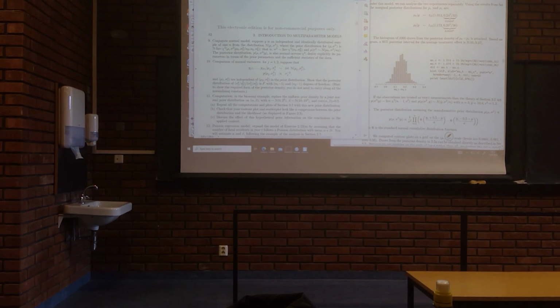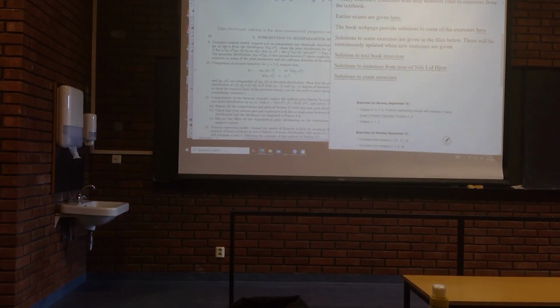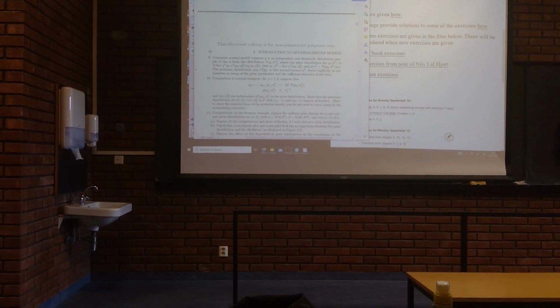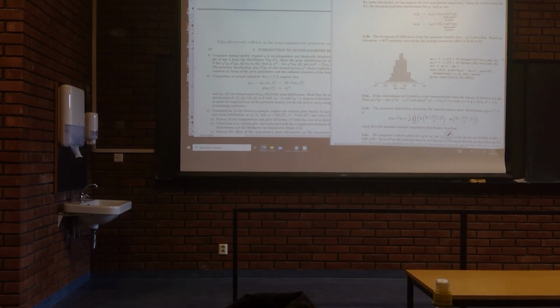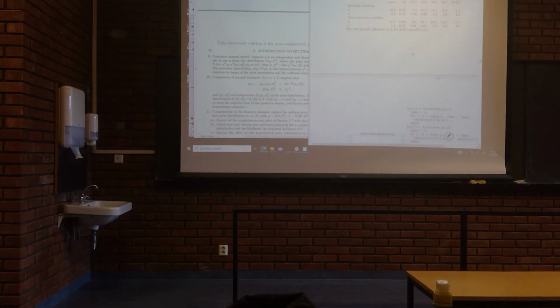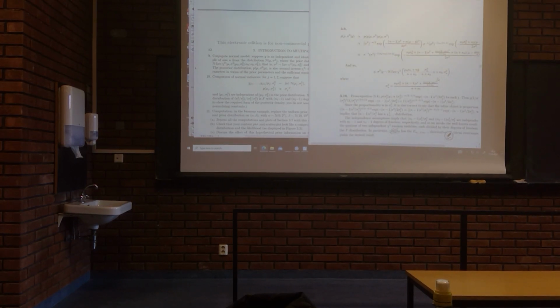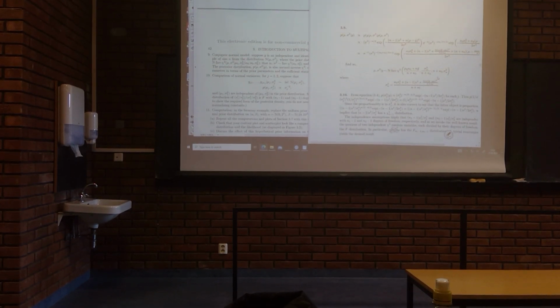So the last two exercises from this chapter were mainly to derive some equations or formulas that were given in the book.